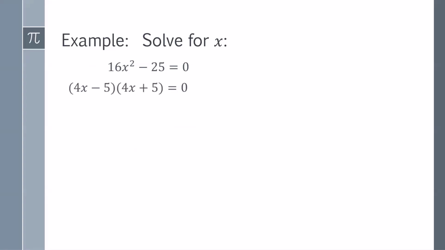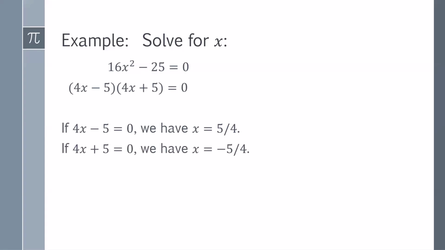We factor the left side to get (4x minus 5) times (4x plus 5) equals 0. If 4x minus 5 is equal to 0, x has to be positive 5 over 4. And if 4x plus 5 is equal to 0, then x is negative 5 over 4. So the solution to this equation is x equals 5 over 4 or negative 5 over 4.